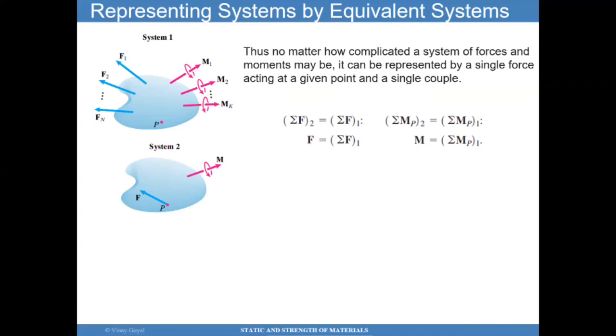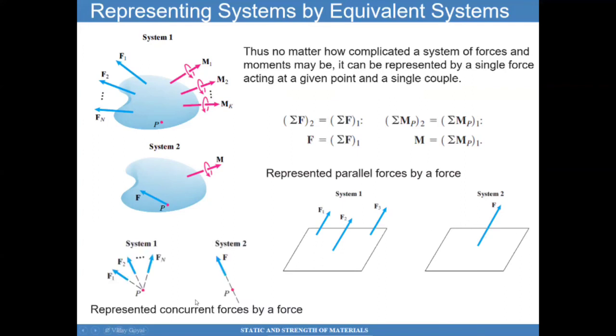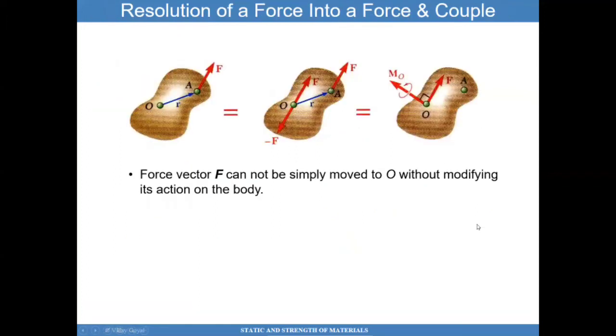Now we look here at two systems. Here you have parallel forces, and then you have system 2 with a single force. You also have system 1 with concurrent forces, and it can be a single force F. Now you have to find this force F so that the moment produced by system 1 is the same as the moment produced by system 2.